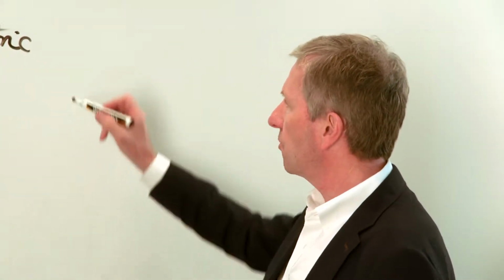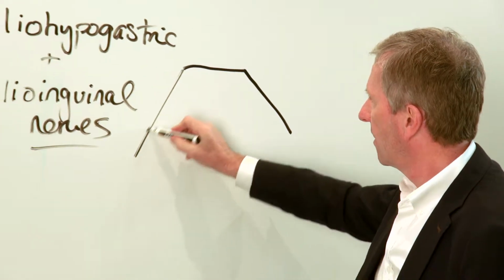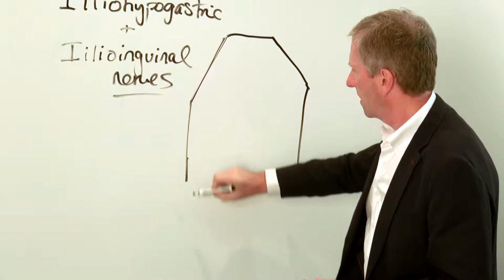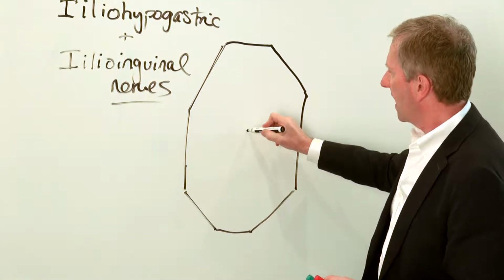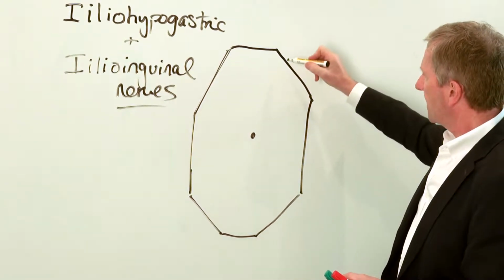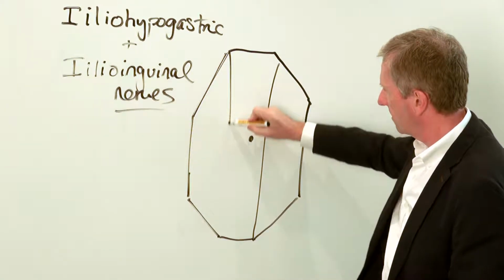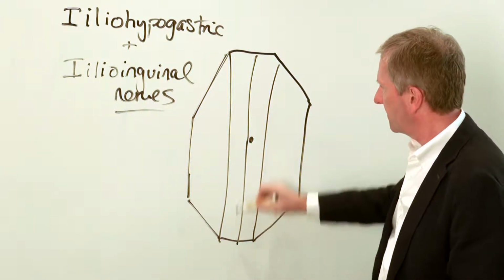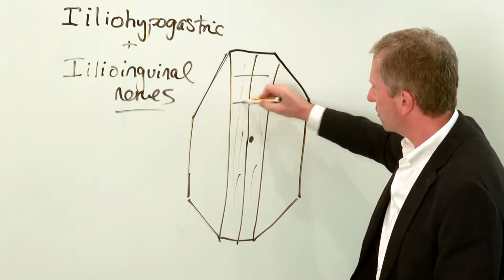So I'm now going to draw a little bit of a diagrammatic view of the abdominal wall. It's a bit skew, but it doesn't matter. And that's the belly button. The rectus muscles are the muscles that come down the middle, and there's two big bundles of them. So the fibers run down here like this, and they have these cross striations.